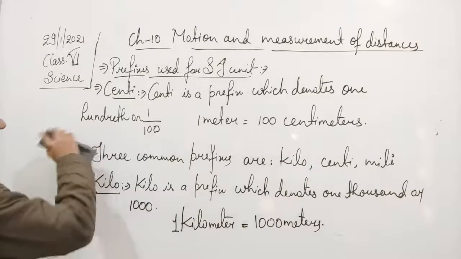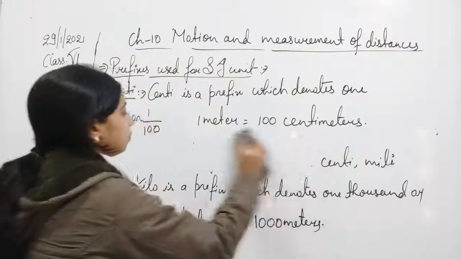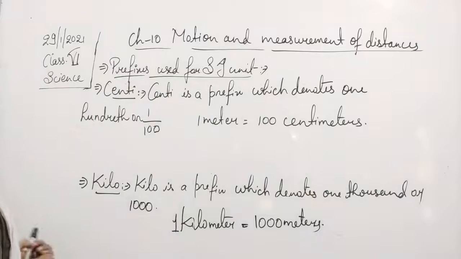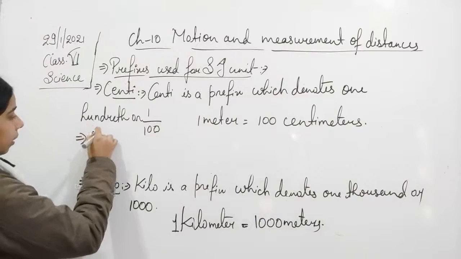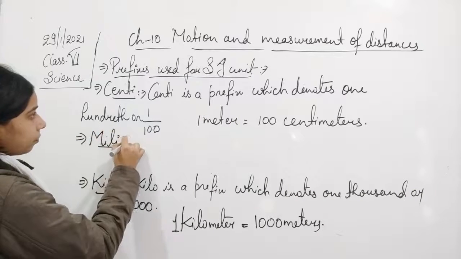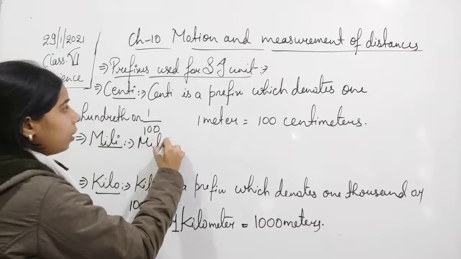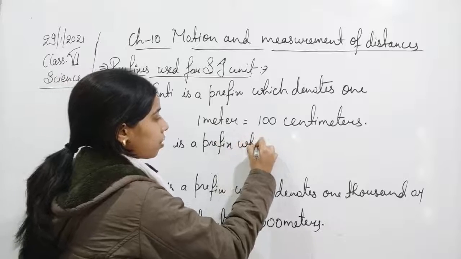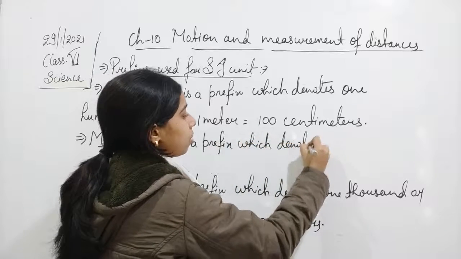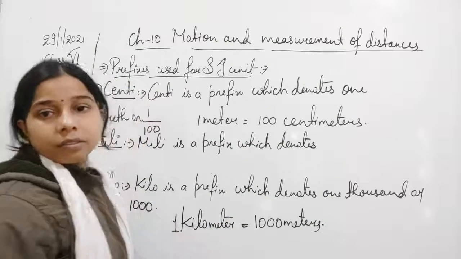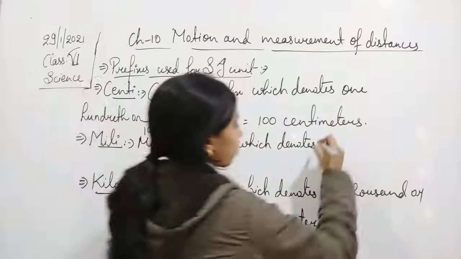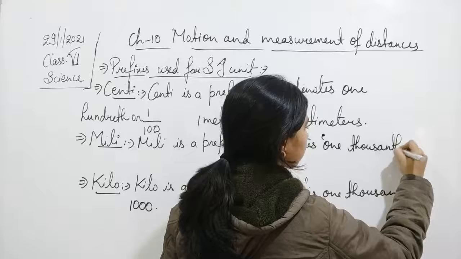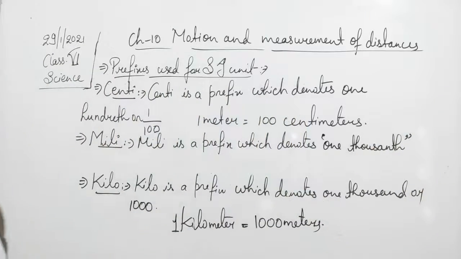What about the milli? So milli is a prefix which denotes 1,000th.